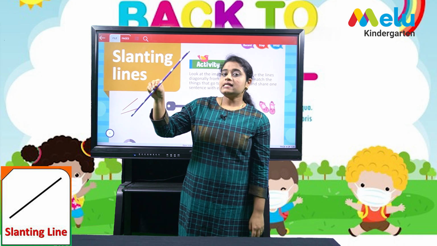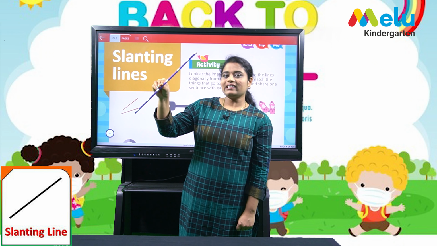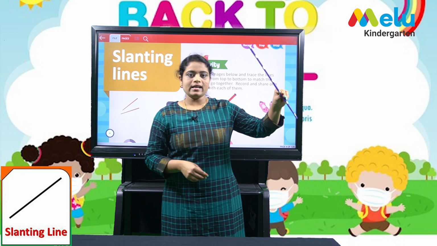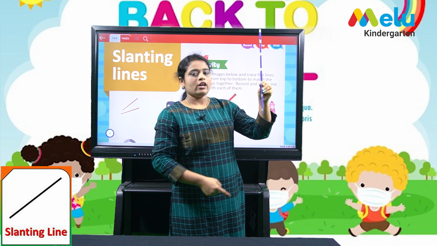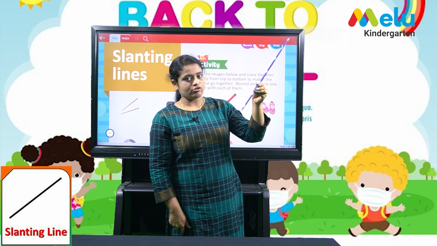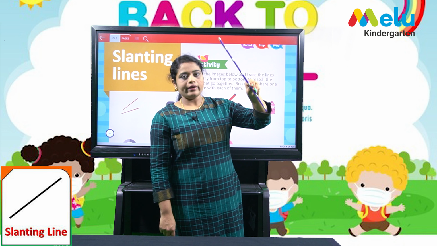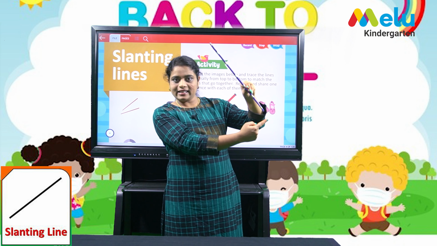So it is in a slanting position and hence called a slanting line. Yes children, so this is a slanting line. Okay, if it is slightly bending or slanting position, either it is slanting this side or this side, it is called a slanting line.